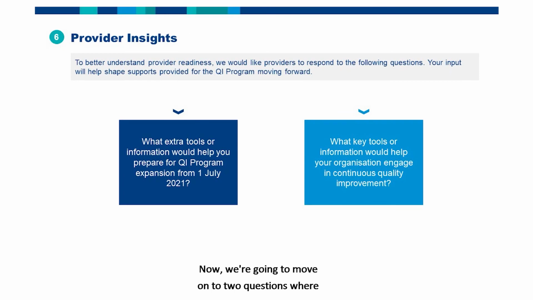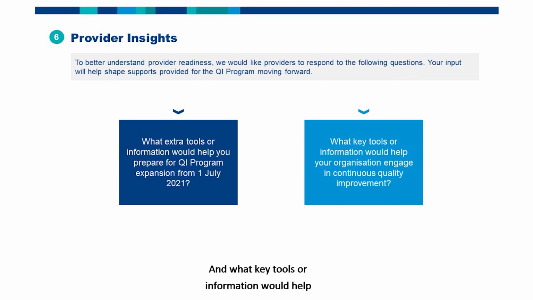Okay, excellent. Now we're going to move on to 2 questions where we'd love to hear back from you. The 2 questions that we have posed to better understand provider readiness are: 1, what extra tools or information would help you prepare for the QI program expansion from 1 July 2021?